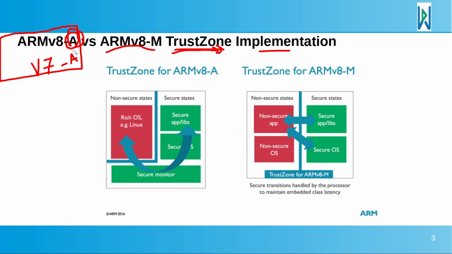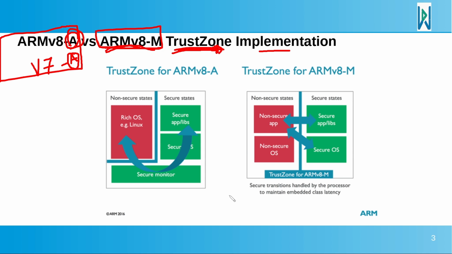However, those processors are application ones, and ARM had to migrate and integrate this TrustZone into low power based microprocessors. And to be more precise, they have integrated this TrustZone into the Cortex-M microprocessors. Hence, the ARMv8-M architecture was the first low power based architecture that has implemented this ARM TrustZone.